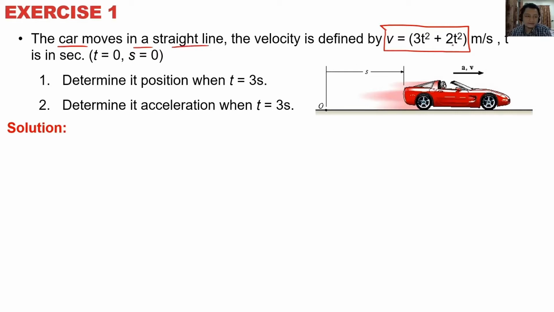Velocity is this one, where time is in seconds, and when t is equal to 0, s is equal to 0. So the initial condition is when t is equal to 0, displacement is also 0, meaning originally the car is from here. It travels. Find the position when t is equal to 3 seconds.